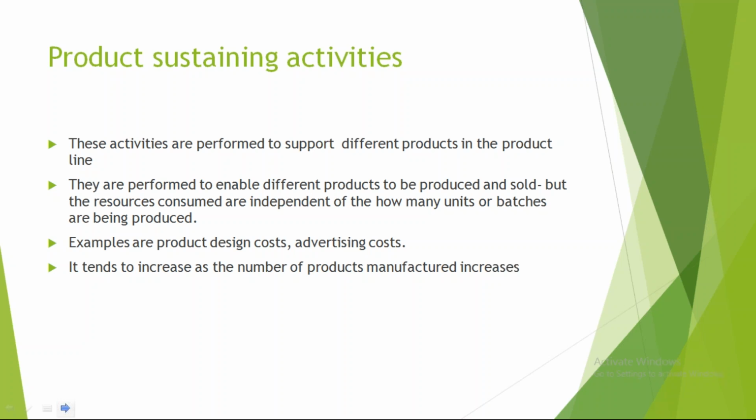That activity is incurred irrespective of the number of units and batches, and that is what we call product sustaining activity. Examples are product design cost, advertising costs, etc. It generally tends to increase as the number of products manufactured increases. The more products being designed, the more the cost and activity will increase. If you are producing one particular product, there will be only one product sustaining activity. So that's the third one: unit, batch, product sustaining.